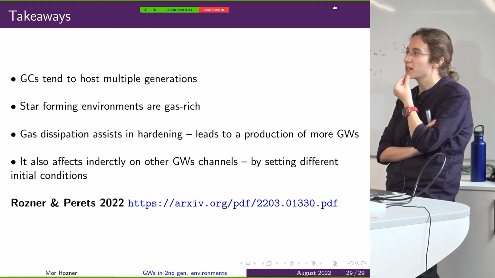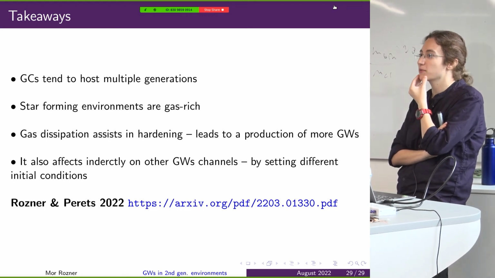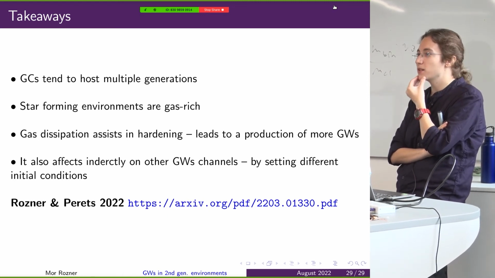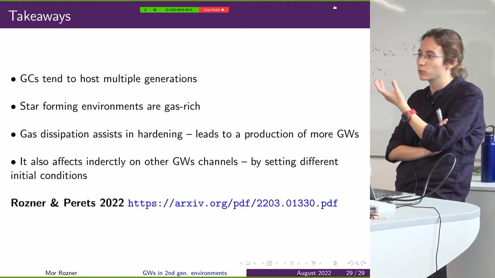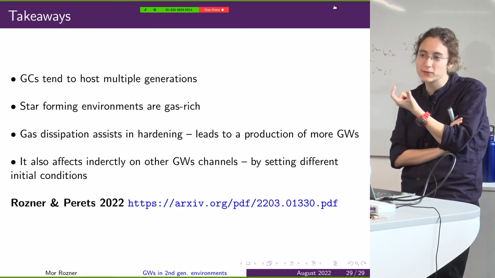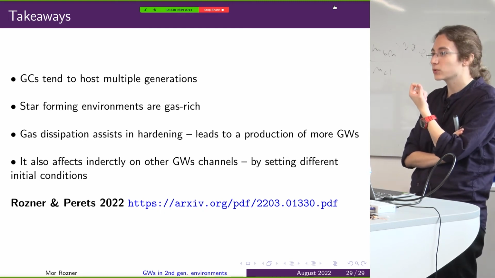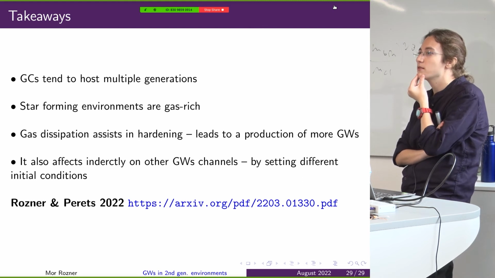We might reproduce everything or comparable to the current observable rate, but it could be much smaller. It depends how much gas you had and in which epoch and at which redshift, because the formation of gravitational waves from this channel should be very close to the gaseous epoch, which should be in the very early stages of the cluster formation.